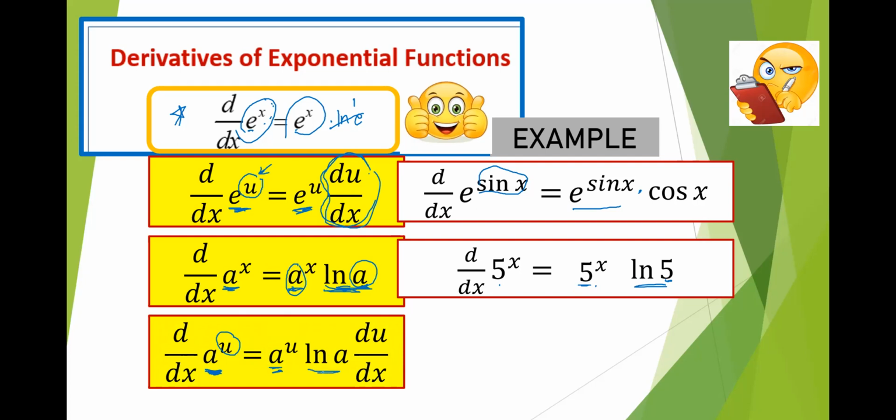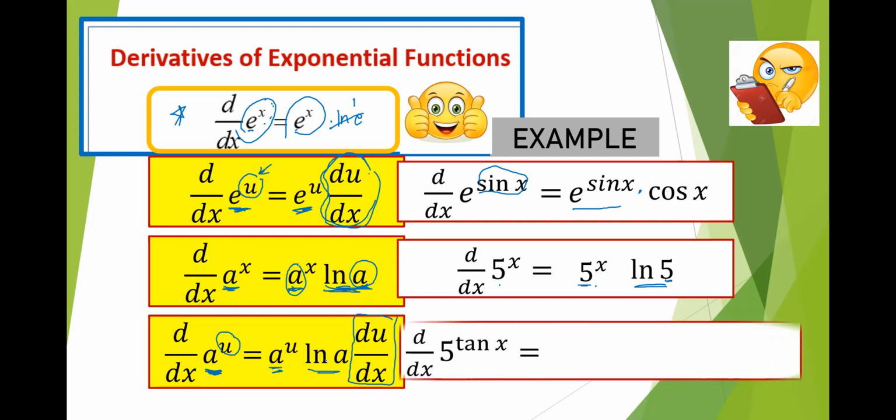If you follow this pattern, you'll have an extra factor du dx, or u prime. So for example, if you have 5 raised to tangent x, we know we can still get its derivative. Remember, there's always the copying part, so we need not overthink. Just keep it simple, stay calm, copy whatever is given.